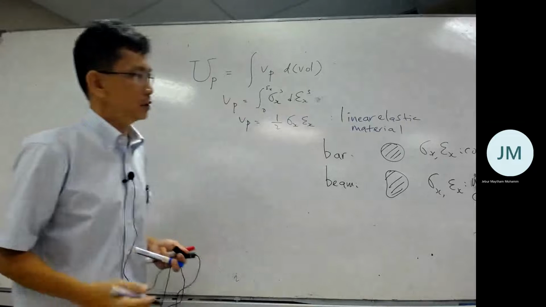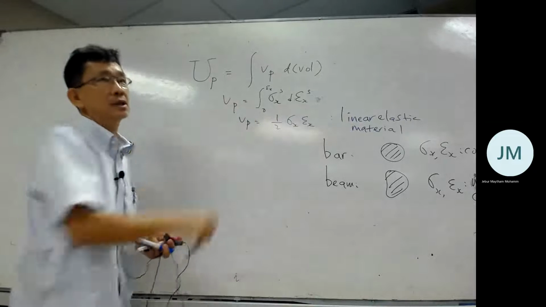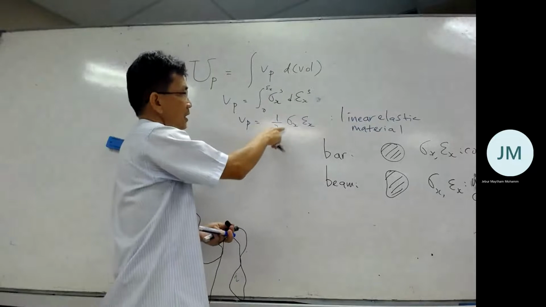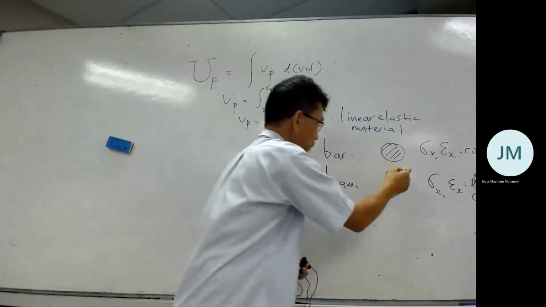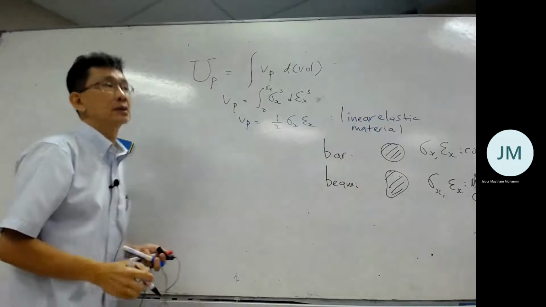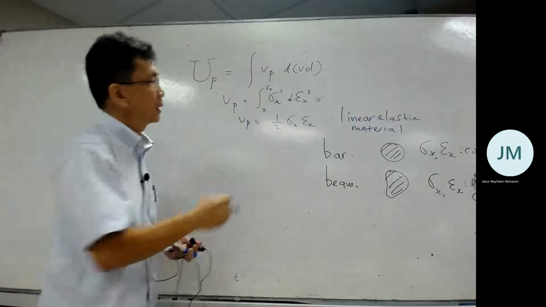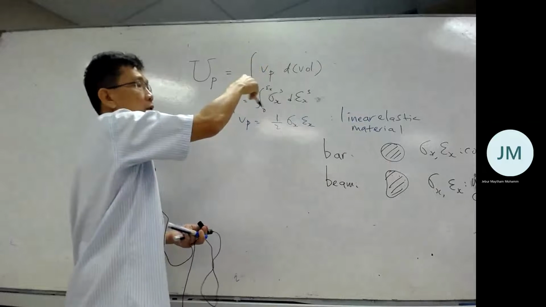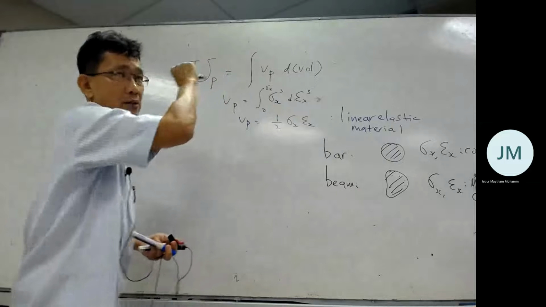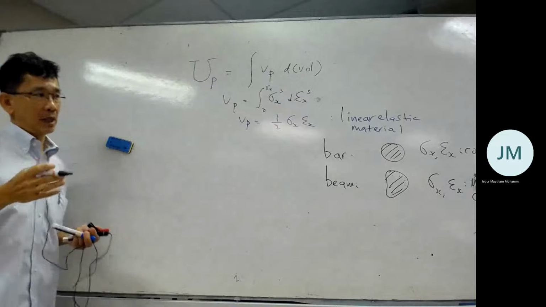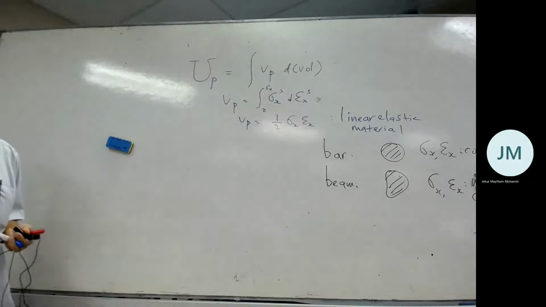So when the stress and strain are not constant, if you find the strain energy density, half sigma x epsilon x, at different points they are different, and we need to integrate that over the whole volume to find the strain energy for a bar in bending. So it is not constant.